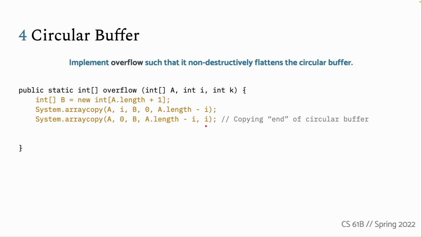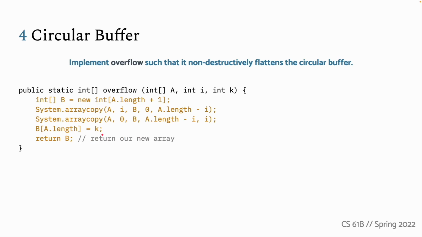We're copying that into place. And now we just want to insert our new item at the very end of B, because B is of length A dot length plus 1. So this is the last element in B. And then we're going to return B, just like that. That's our new array. That's all it takes.